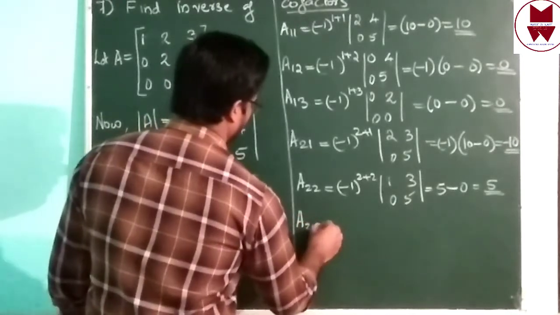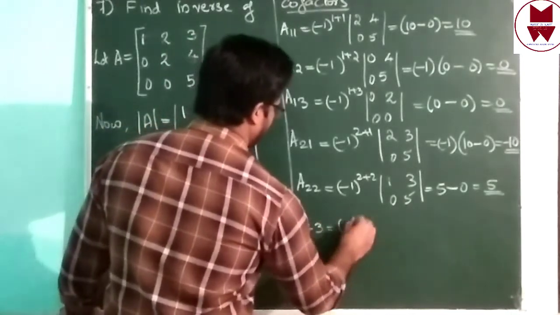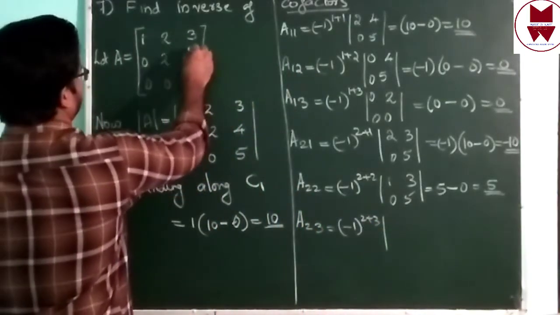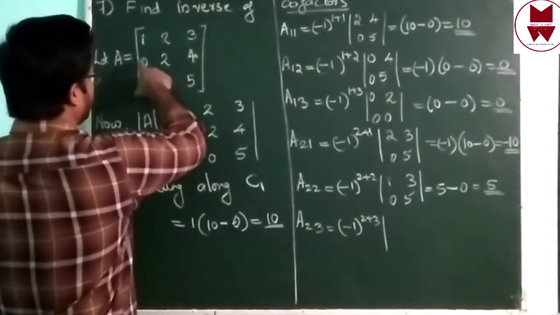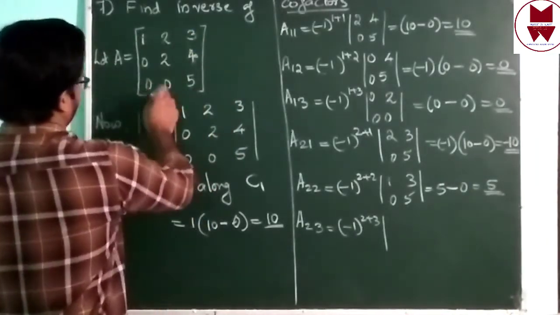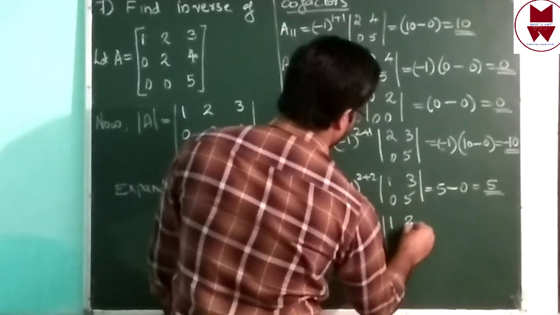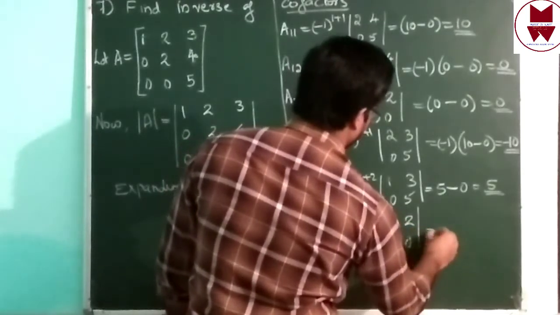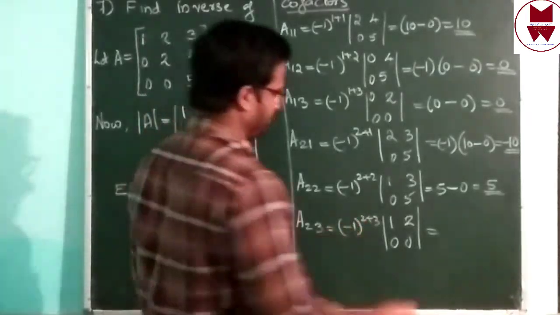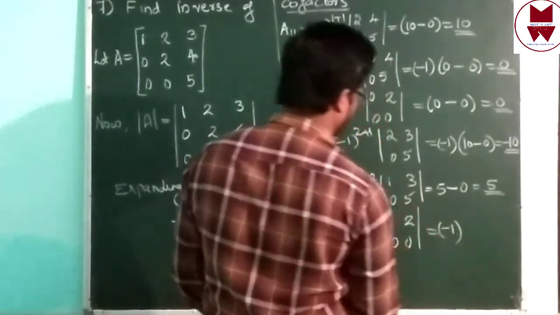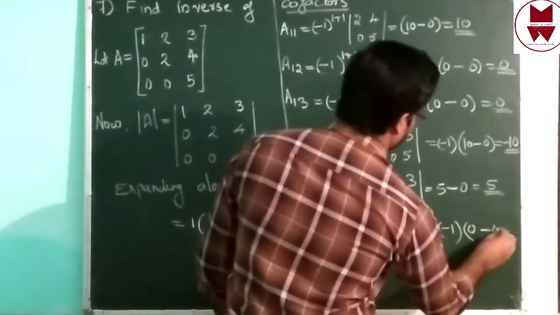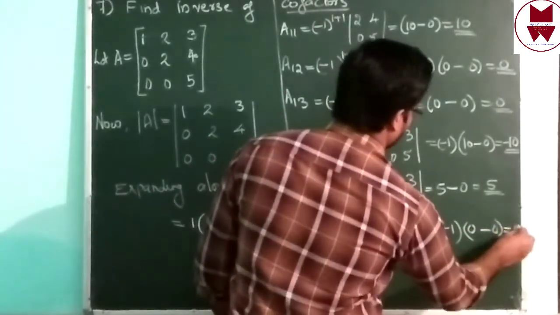A23: minus 1 raised to 2 plus 3, determinant of this element. Delete second row and third column, then 1, 2, 0, 0. Equal to minus 1 raised to 5, that will be minus 1. Then 1 into 0, 0 minus 0 into 2, 0. Equal to, we'll get 0.